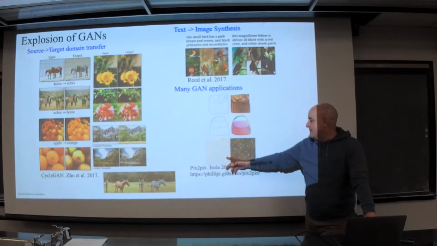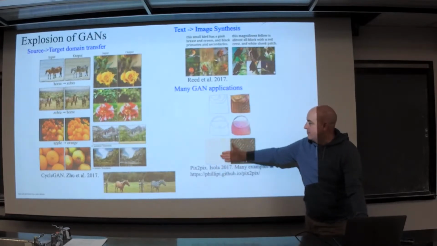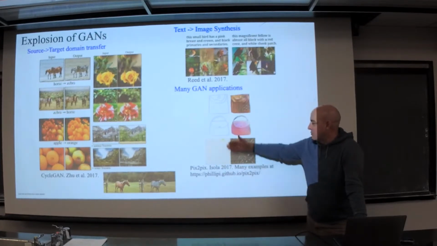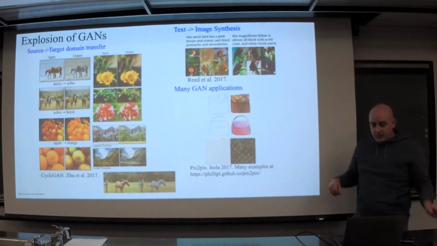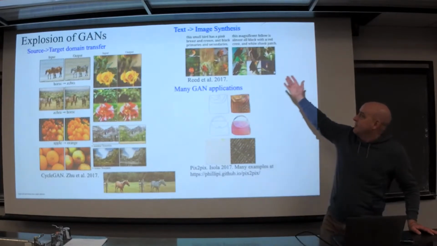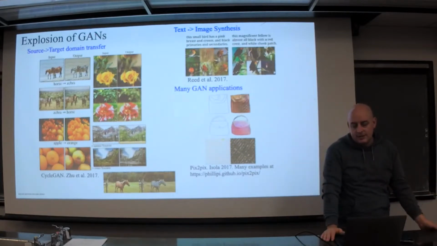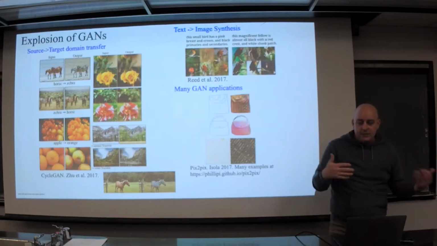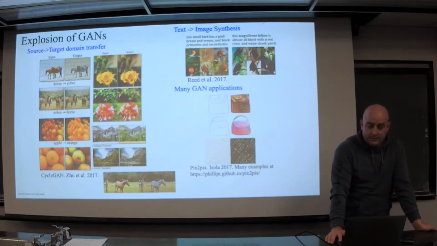Generating satellite imagery from some very sparse representation of the landscape. Anyways, lots of really cool applications for GANs. You can imagine even doing things like text to image or even image to text. In fact, GANs aren't being used now for all the image to text stuff, but other related generative models are. So anyways, lots of cool stuff there.